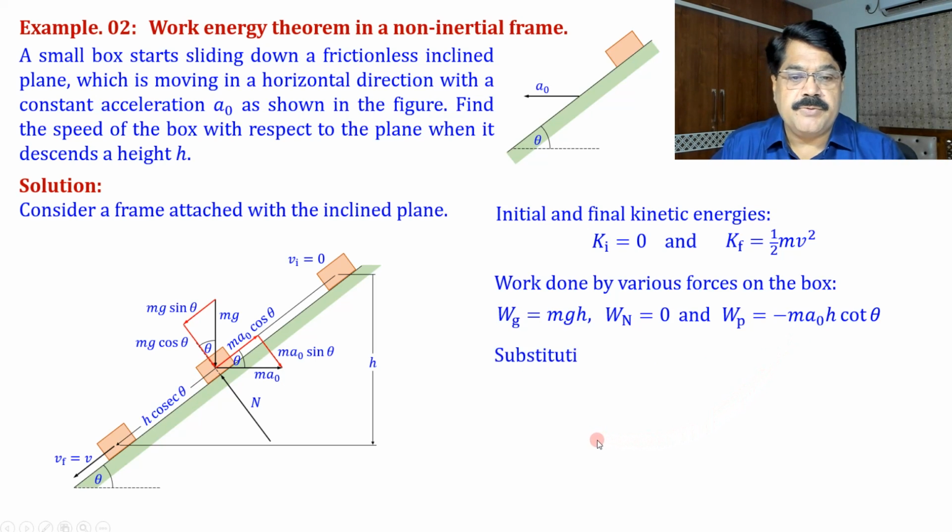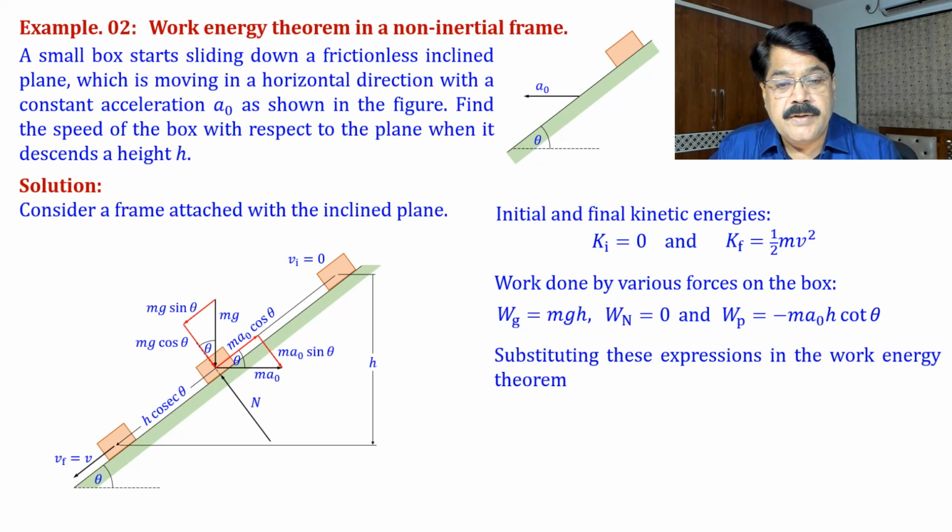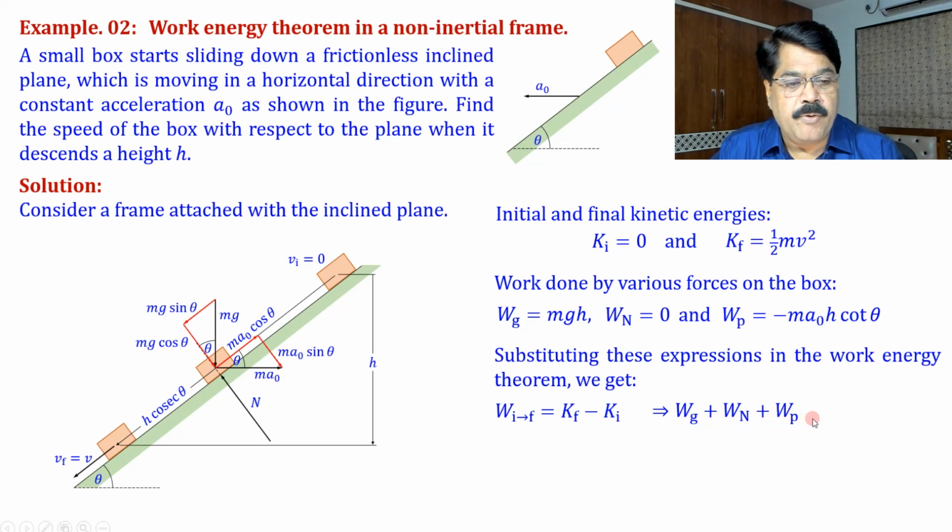Now we substitute these values in the work energy theorem, and what do we get? W initial to final is equal to K final minus K initial, that is the formal statement of the work energy theorem. In place of W we write Wg plus Wn plus Wp, and for Kf half mv square, and for Ki 0. Let us substitute the values. Wg plus Wn plus Wp is equal to K final minus K initial.